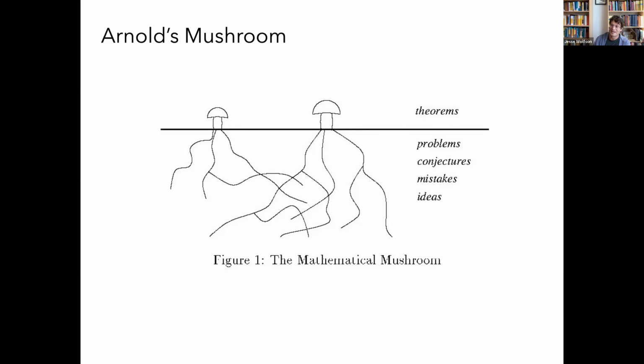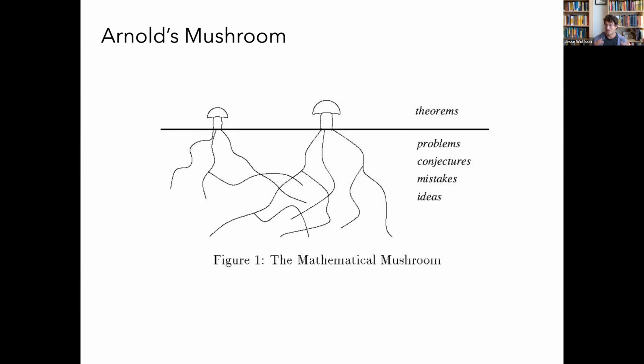In this analogy, the fruiting bodies, the actual mushrooms that we see above the surface, those are the theorems. But in Arnold's telling, most of the organism, most of the mushroom, most of the mycelium exists below the surface of the soil. Outside of view, there are huge complex things going on there that we are only barely beginning to be aware of as a society.